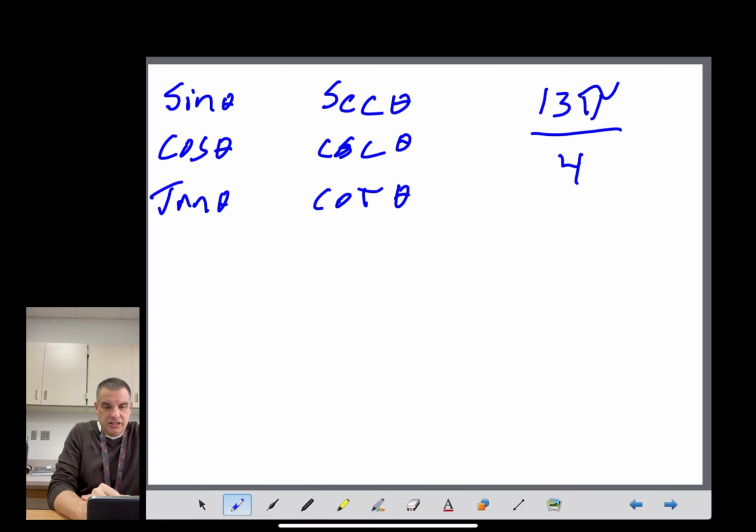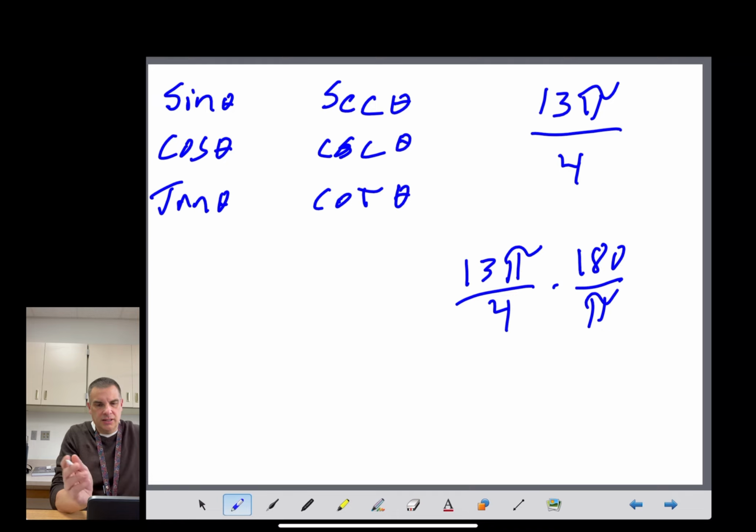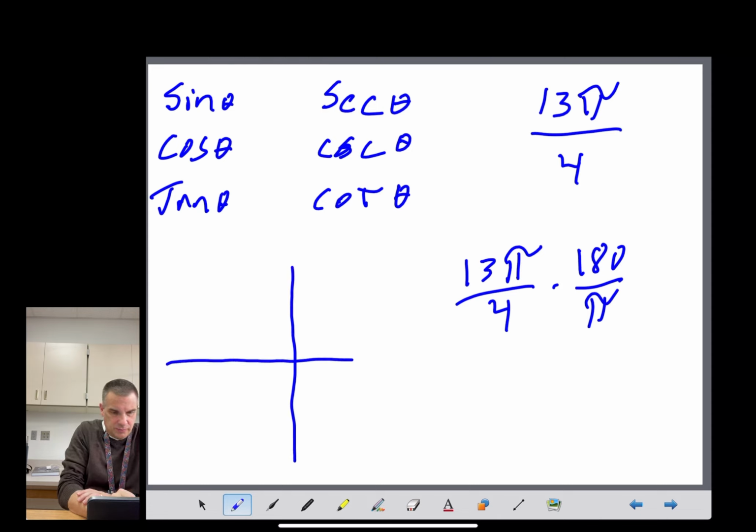So we're going to change it to degrees first. So 13 pi over 4 times 180 over pi. So 13 times 180 divided by 4 is 585. Okay, so let's see if this one works out.